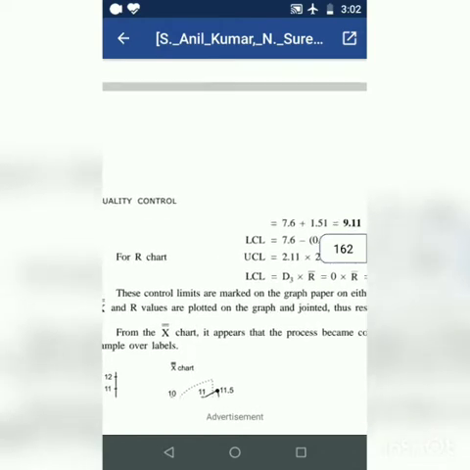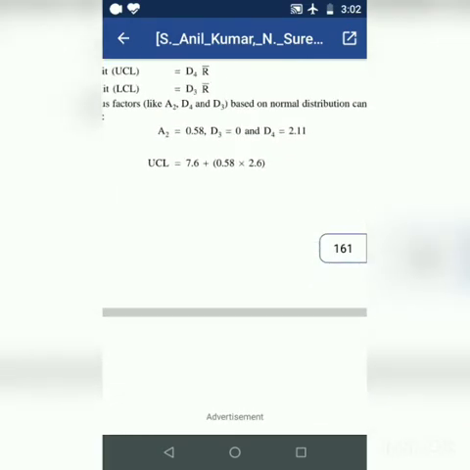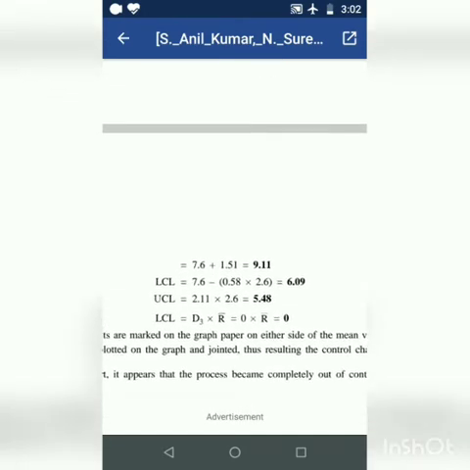And for the R chart, similarly we will calculate the values of UCL and LCL. So for UCL it is D4 that is equal to 2.11 into R bar which is 2.6, which makes the UCL equal to 5.48.